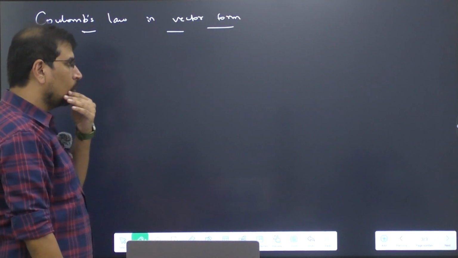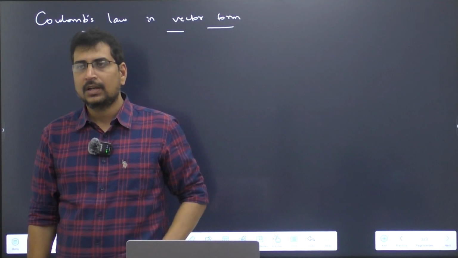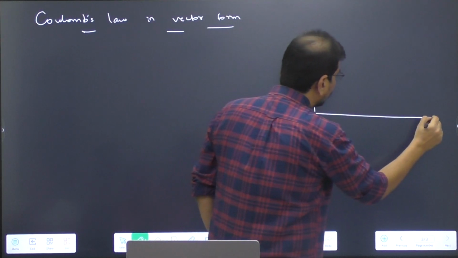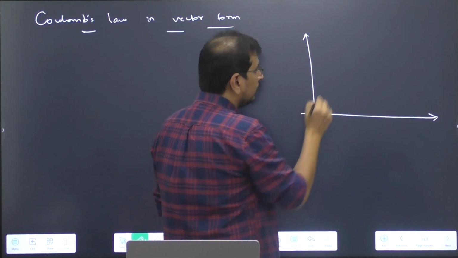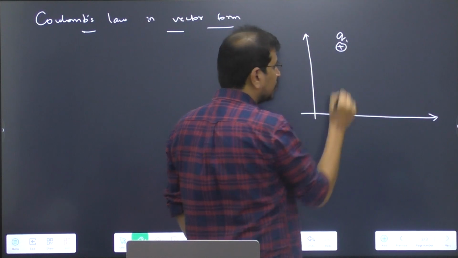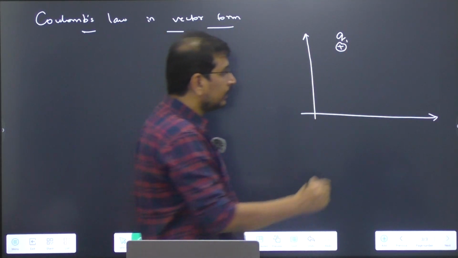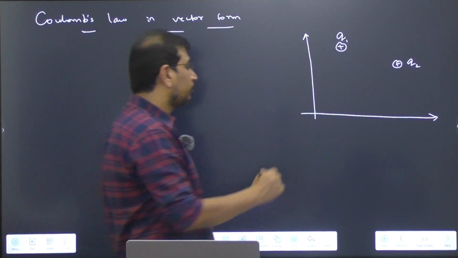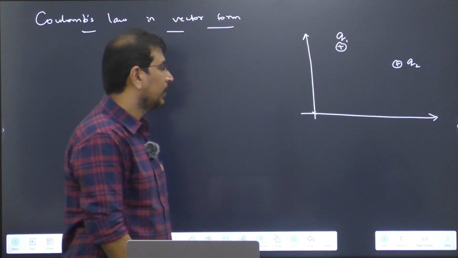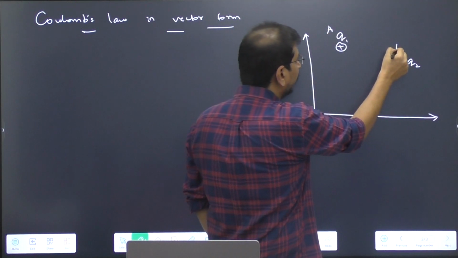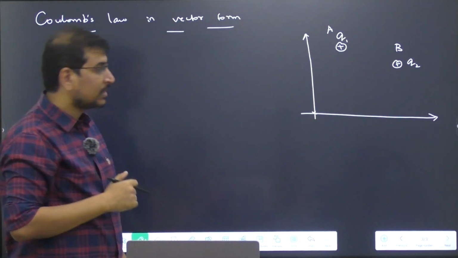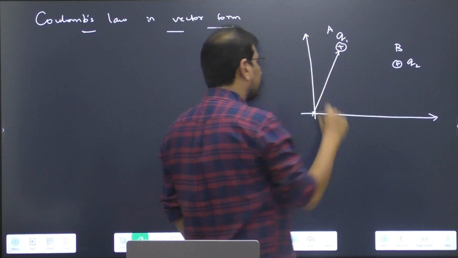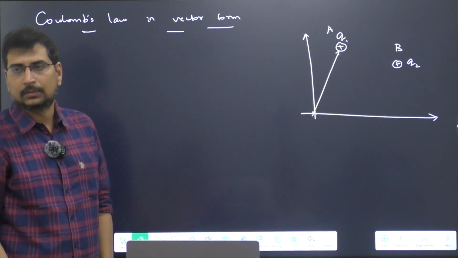Right? So since I'm bringing in vectors into consideration, we will take the help of coordinate axis. Suppose I say there is a charge Q1 placed here and another charge Q2 that is placed here. From the origin, if I take this point to be A and this point to be B, and the position of the point A as R1.